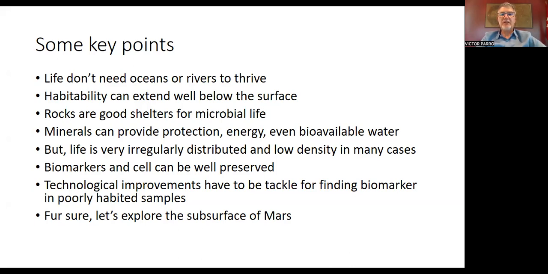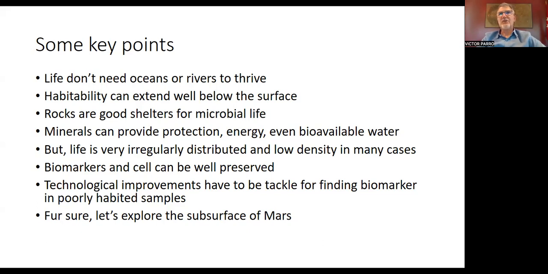In that case, I wanted to mention that many instruments, like Raman, etc., have to somehow improve the feasibility of reaching the target by concentrating samples. Biomarkers and cells can be very well preserved in the rocks, or we need a new technological improvement to tackle this, for finding biomarkers in these environments.